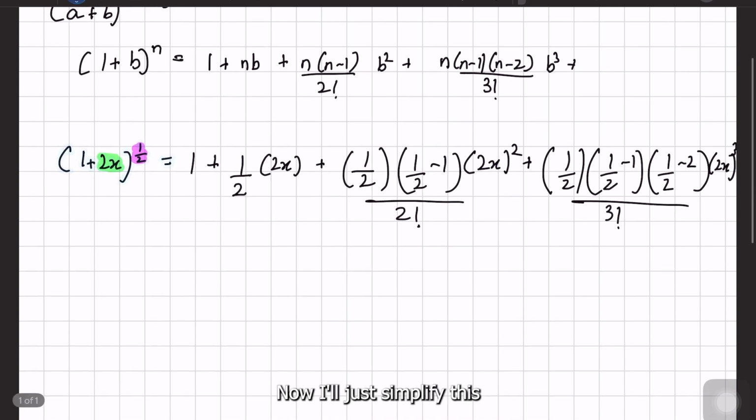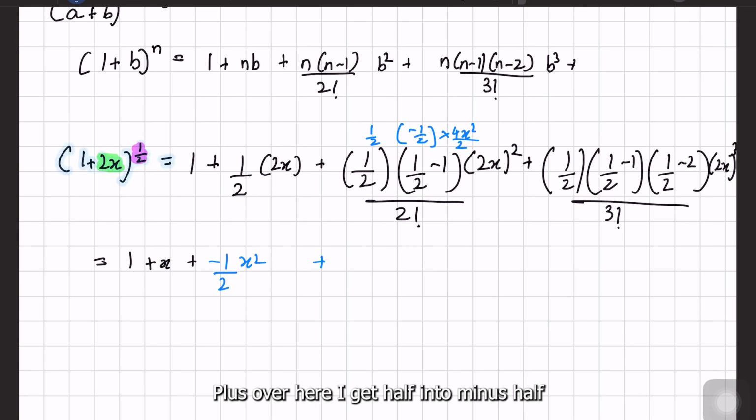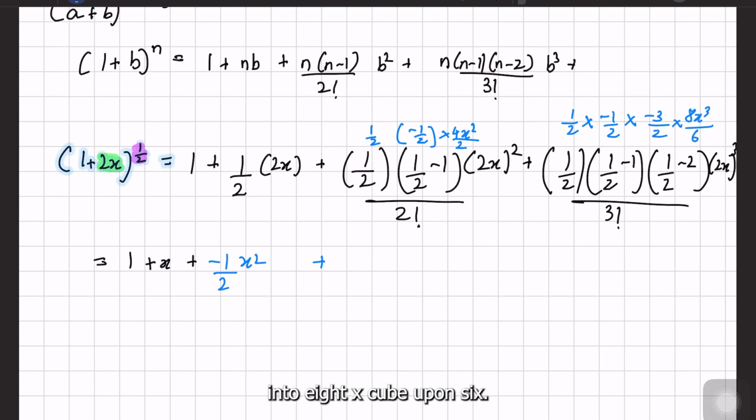Now I'll just simplify this. So I get 1 + x + this becomes half times minus half into 4x² upon 2. So that gives me minus 1/2 x² plus over here I get half into minus half into minus 3/2 into 8x³ upon 6.